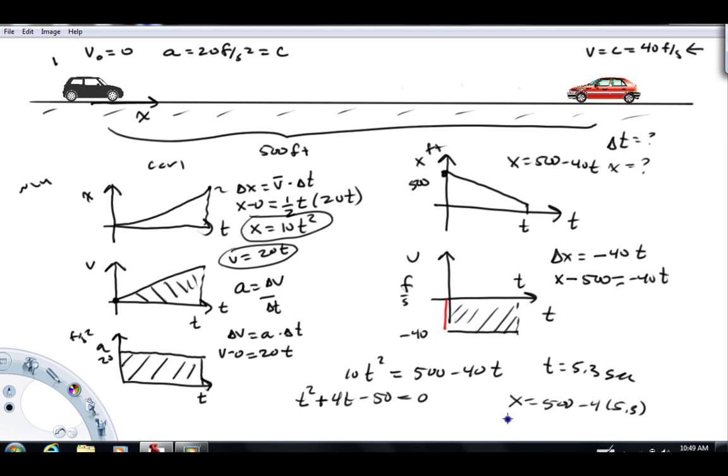Oops, I'm going to run that again because I think I screwed up on that calculation. 500 minus 4 times 5.3. I'm sorry, 479 feet. Write it up here. X equals 479 feet.